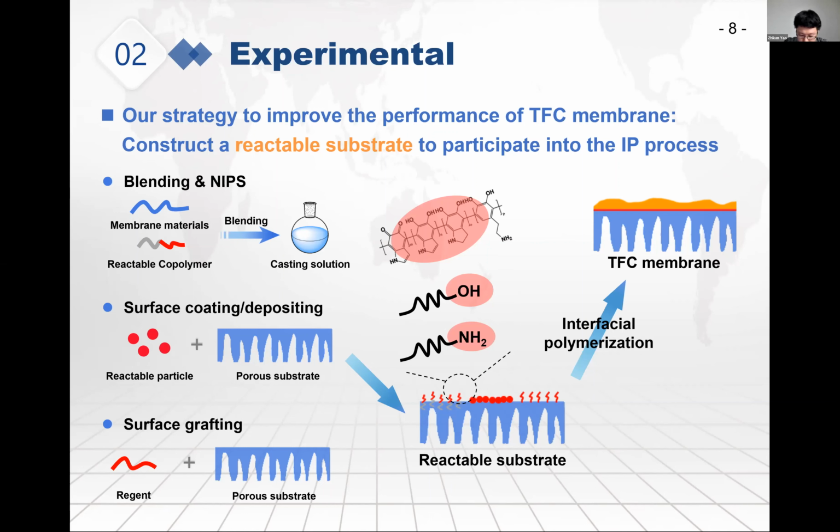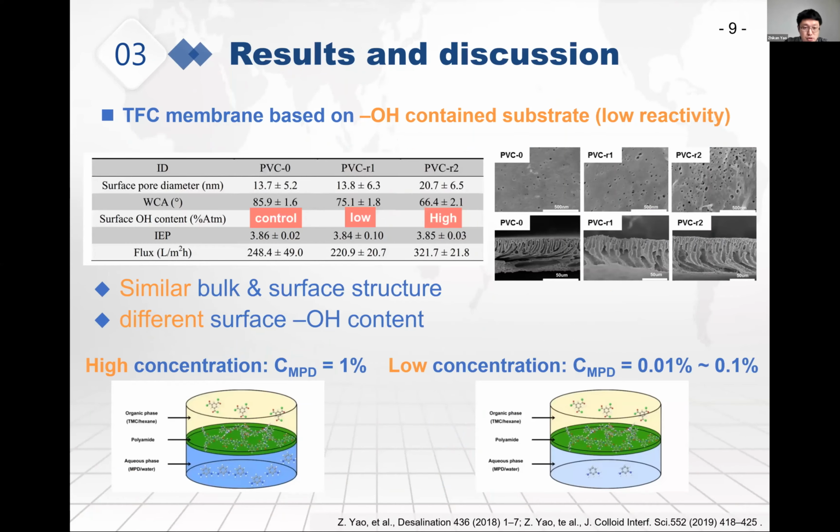First, it is the work on the hydroxyl group contained substrate. According to the SEM and XPS analysis, it is confirmed that 3 substrates with similar bulk and surface structure but different surface hydroxyl group content were successfully prepared.